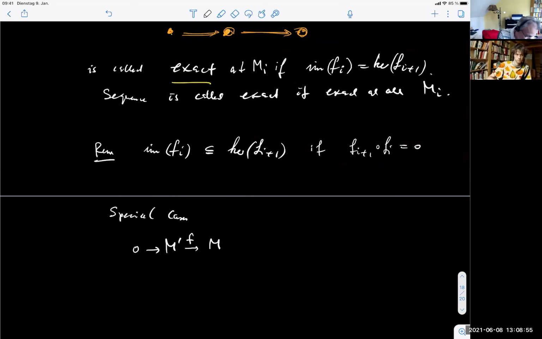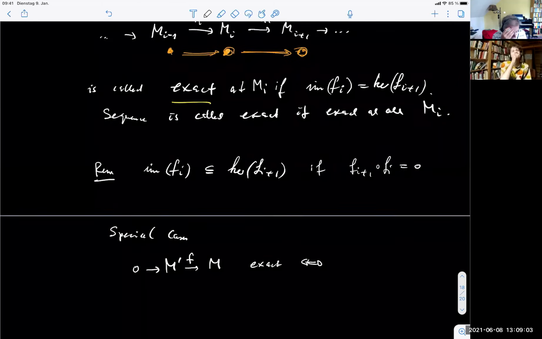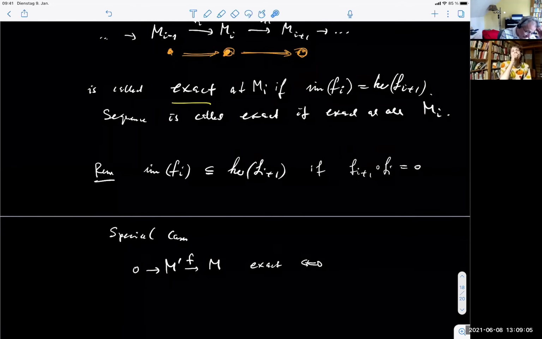So what does it mean that this sequence is exact? It means the image of this map, which is 0, equals the kernel of f. So the kernel of f is 0. So this says f is injective.